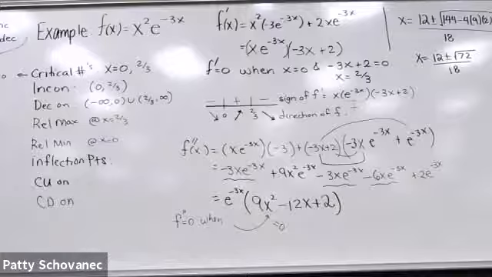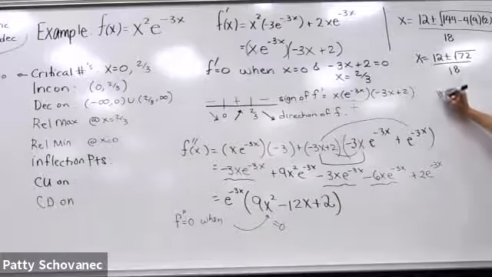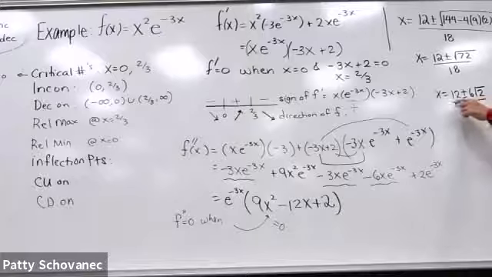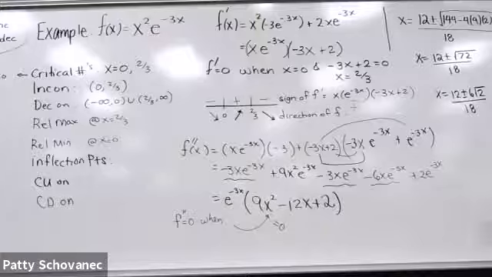So let's write square root of 72 as 6 square root of 2. And then all three, 6, 12, and 18, are divisible by 6. So let's cancel 6 everywhere. So x is equal to 2 plus or minus the square root of 2, all over 3.